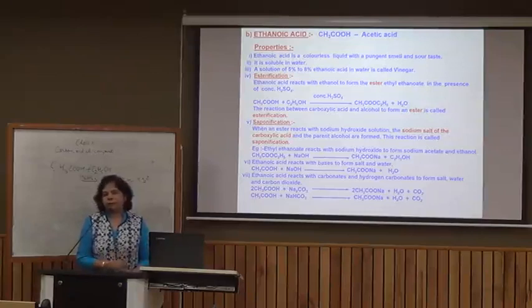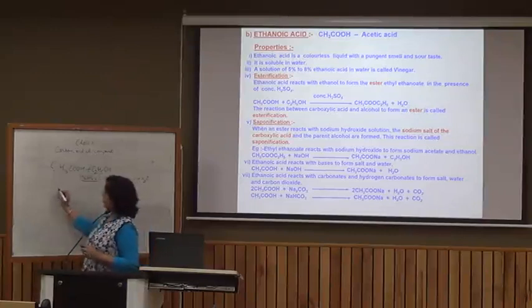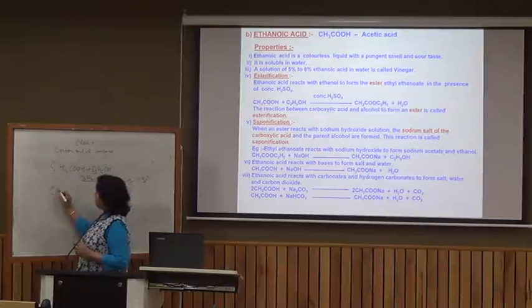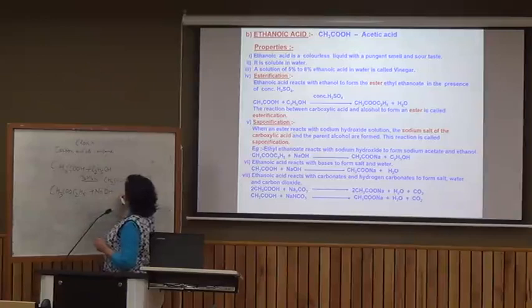The hydrolysis which is carried out using a base is called saponification, because just see, if I take this ester and it reacts with a base, let it be sodium hydroxide, it will form the parent alcohol, that is C2H5OH, and it will form the sodium salt of the carboxylic acid.